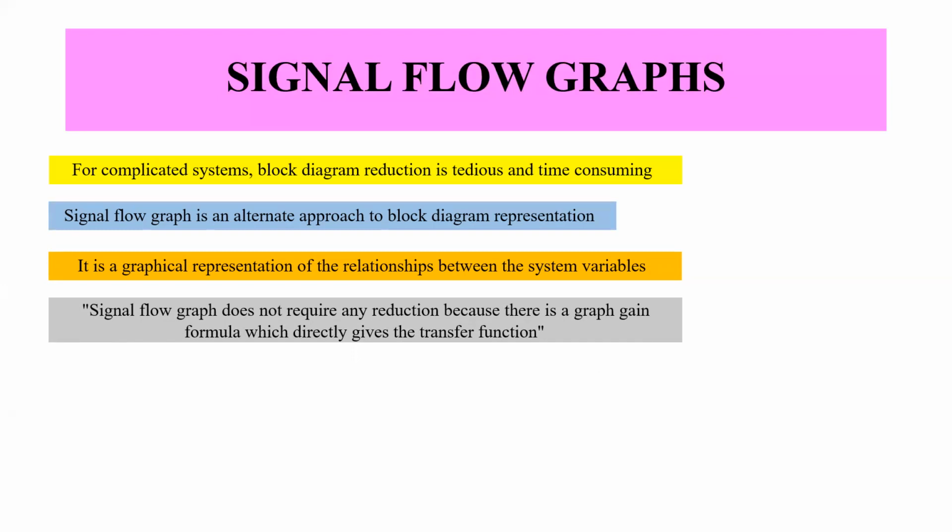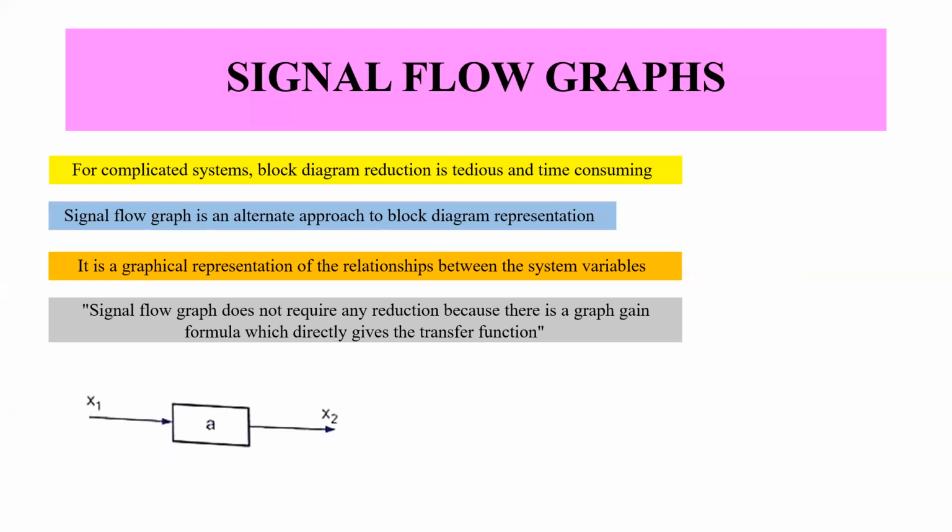However, in case of a signal flow graph, we do not have any such kind of reduction. Okay, because we have a straightaway formula to determine the overall transfer function of the given system, which is represented through a signal flow graph. And that formula is known as Masson's gain formula. So we will be discussing that in the last slide of this lecture.